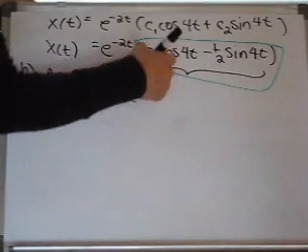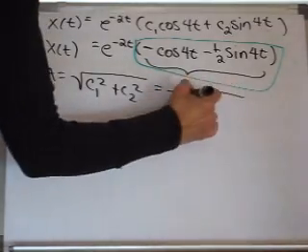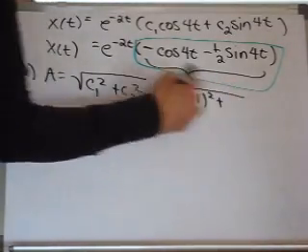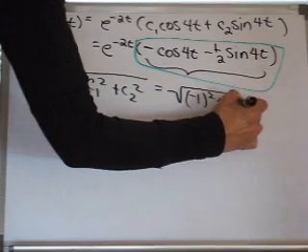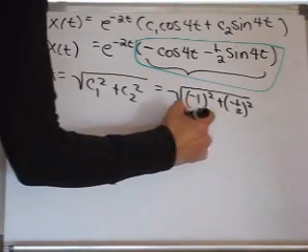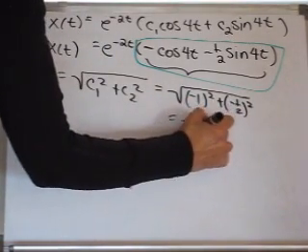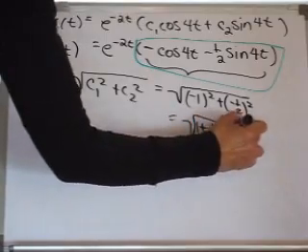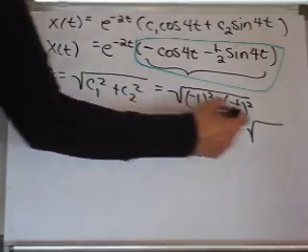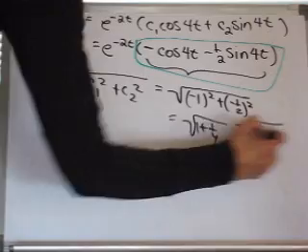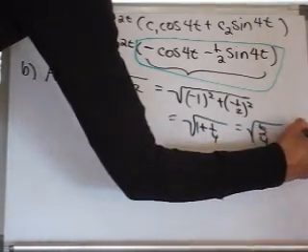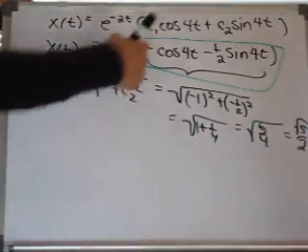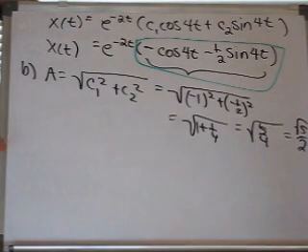So c1 is the coefficient of cosine, so I get the square root of negative 1 squared plus negative 1/2 quantity squared. So that becomes the square root of 1 plus 1/4, or the square root of 5/4, or root 5 over 2, is the amplitude of the sine cosine portion.